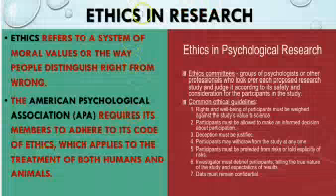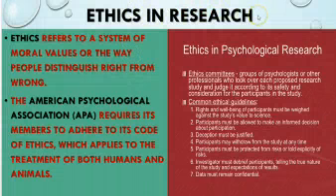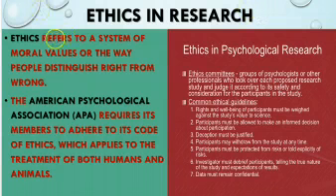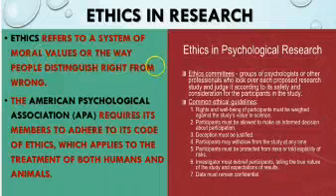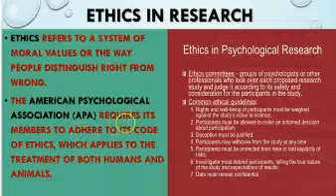Ethics in research is very, very important as a researcher. There are certain things that we must do to protect the integrity of the research that we want to do. Ethics refers to a system of moral values, or the way people distinguish right from wrong. The American Psychological Association, or APA, requires its members to adhere to its code of ethics, which applies to the treatment of both humans and animals.